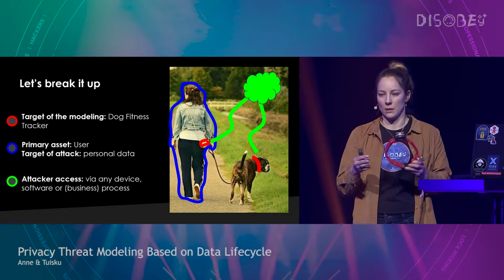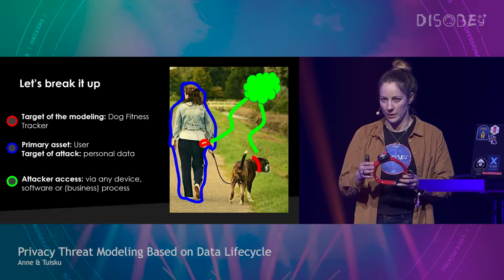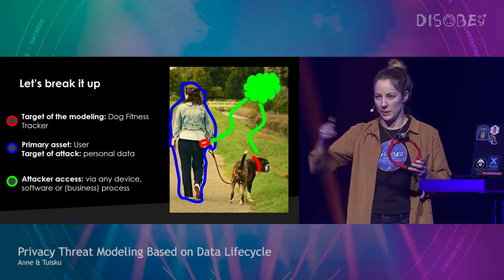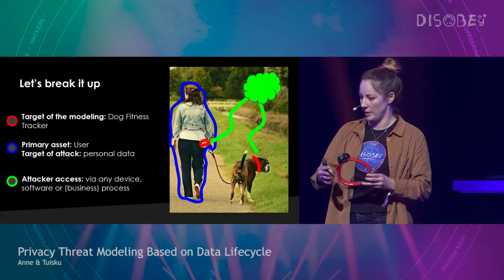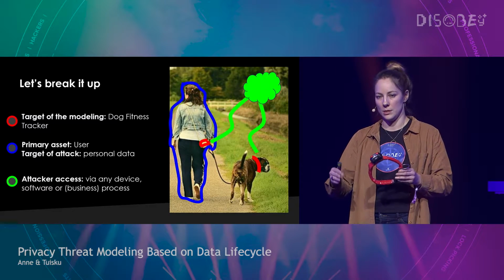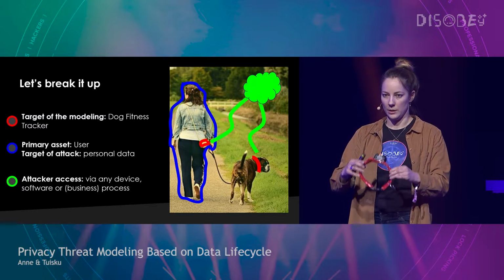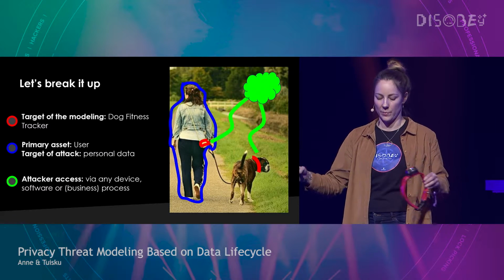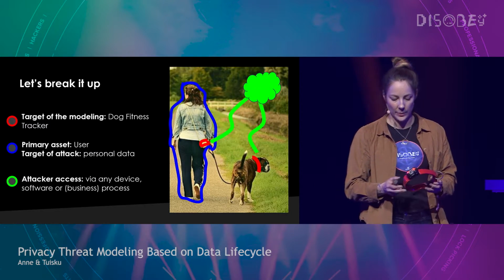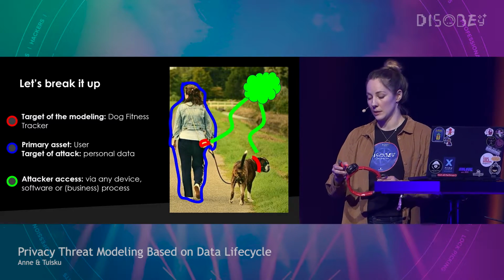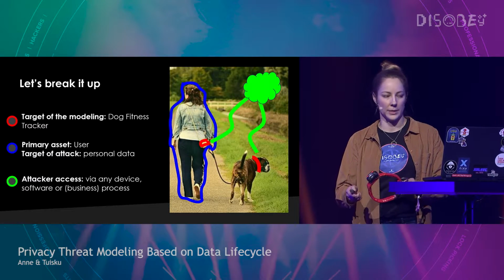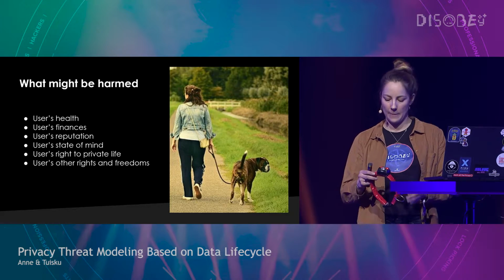And the attacks may come via the device, any software around it, any business processes around it, because we're talking about data lifecycle, so we need to think about those processes as well that are outside of this physical thing, the business and the people there. So you need to understand all these aspects to do your threat modeling.